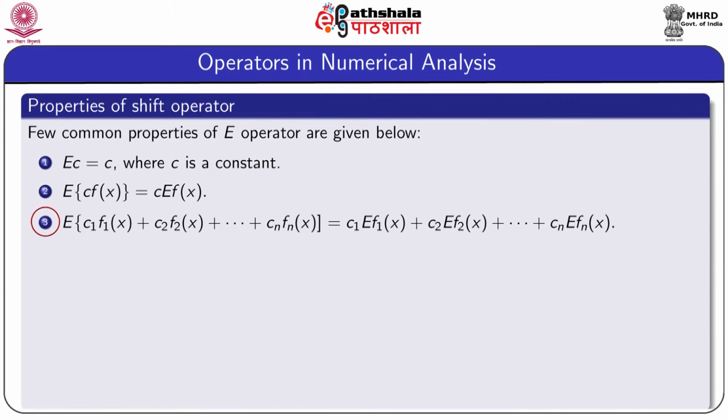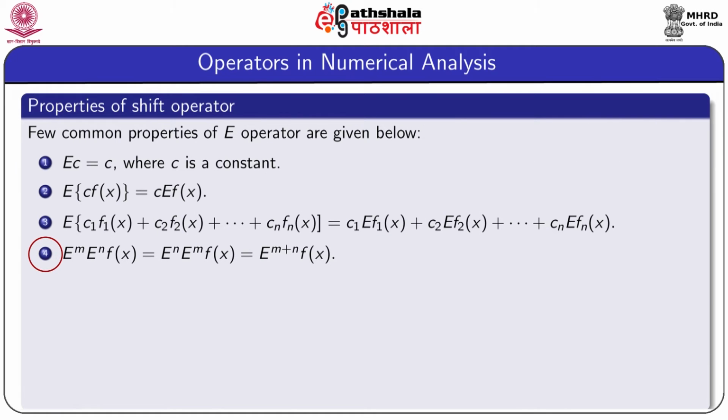The third property indicates that the shift operator is linear, that means E of c 1 f 1 x plus c 2 f 2 x plus up to c n f n x equals c 1 E f 1 x plus c 2 E f 2 x up to c n E f n x. This is nothing but the linear property of an operator.